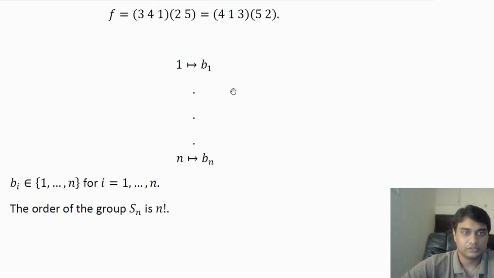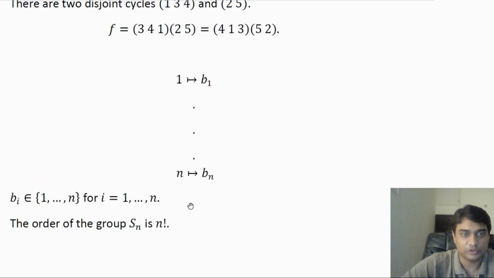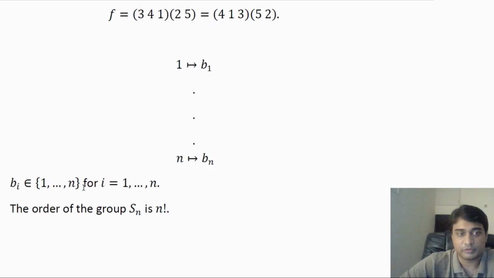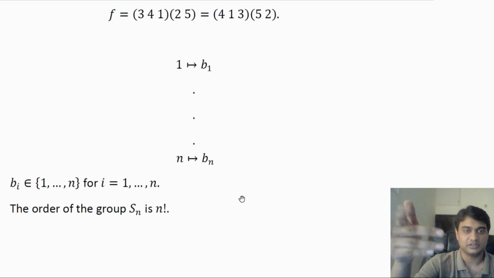So how many permutations are there in Sn? How many permutations of this set of indices from 1 to n are there? The question of how many permutations there are becomes a question of how many different ways we can arrange these bi's on the right, because as we just said, the bi's are different from each other, and there are n of them.